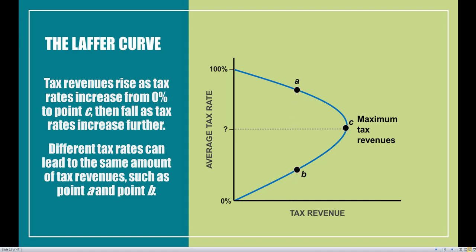So there are actually two different tax rates that can generate the same amount of tax revenues for the government. And as we notice, point C, this little hump of the parabola, is exactly where the government is going to be generating the maximum amount of tax revenues.